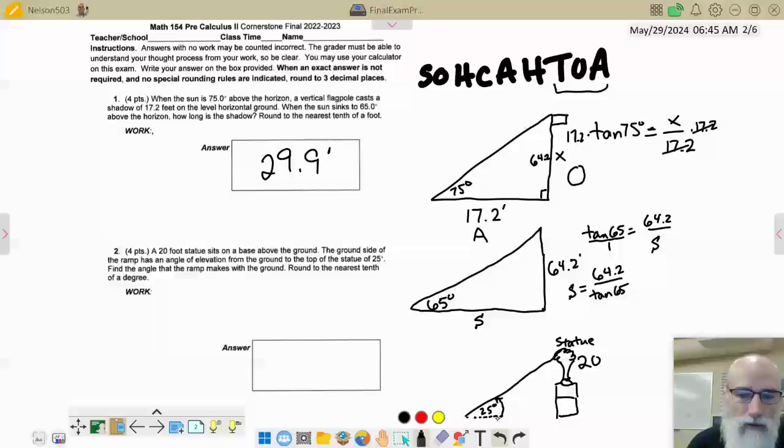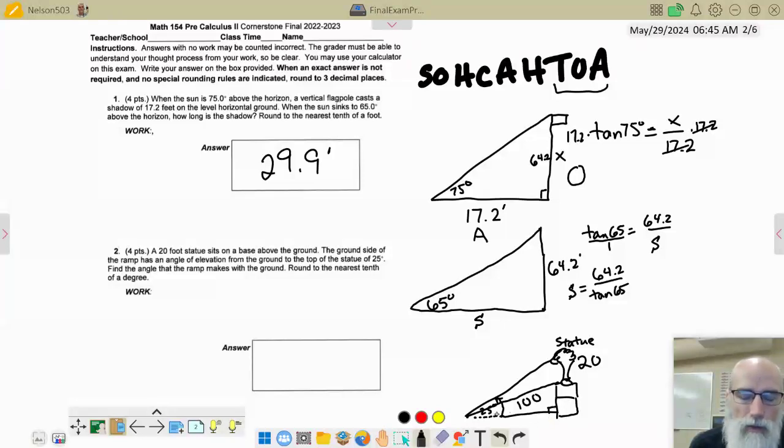They should have said there's a 100-foot ramp that goes to the base of the statue. So I'm going to put 100 right here. Okay. And if we knew that was 100 and we knew this was a 25-degree angle, this angle right up here, because you have a right triangle, down here to a right angle.